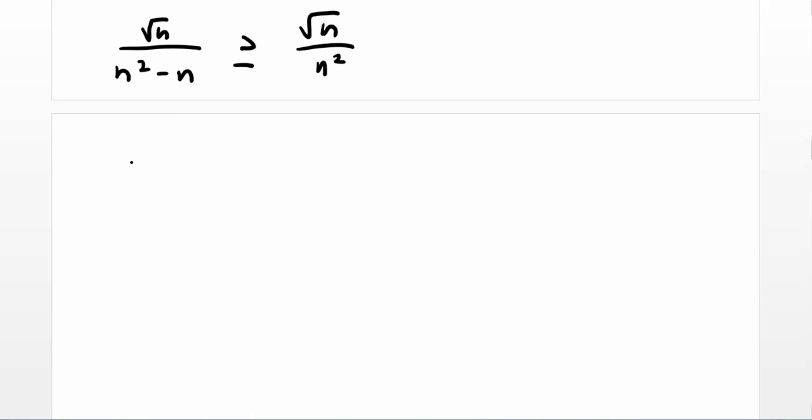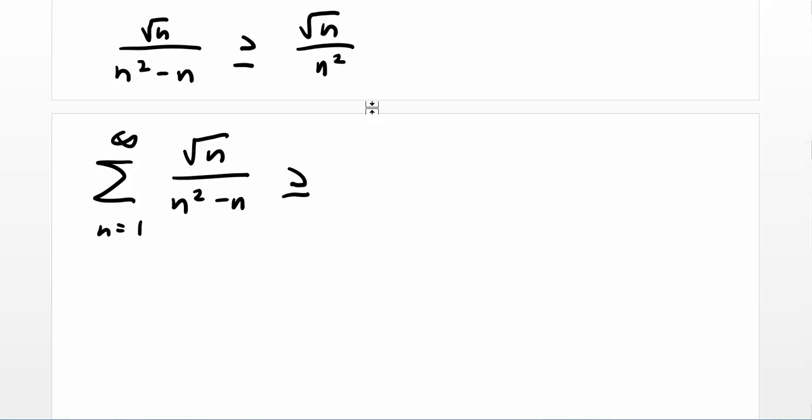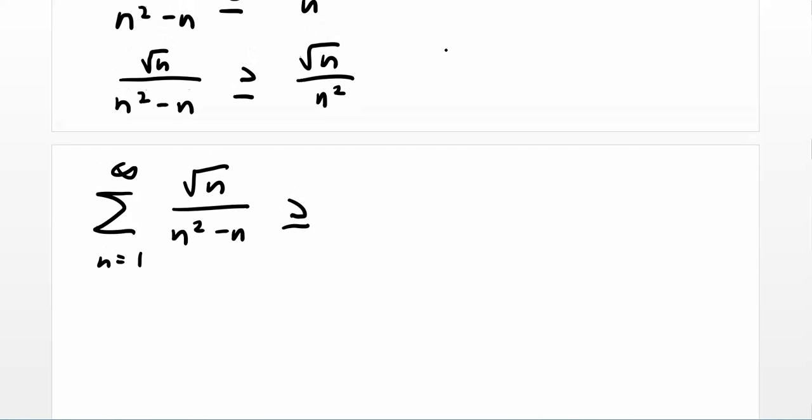So right now we have our series, n equals 1 to infinity, square root of n divided by n squared minus n is greater than or equal to, and let's simplify this side a bit. This is n to the 1/2 over n to the 4/2. So this is equal to n to the negative 3/2.